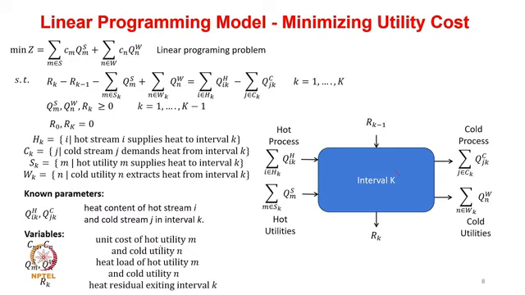So we define the objective as the summation of Cm times Q_sm over all such streams, plus Cn times Q_nw over all such streams.